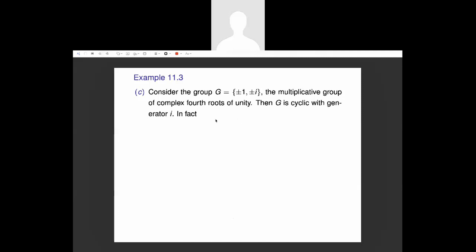So clearly i to the power 0 is 1, i to the power 1 is i, i squared is minus 1, i cubed is minus i. Then this generates all the elements of G. So i is a generator of this cyclic group.